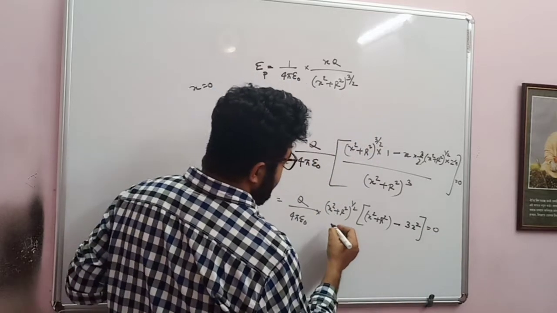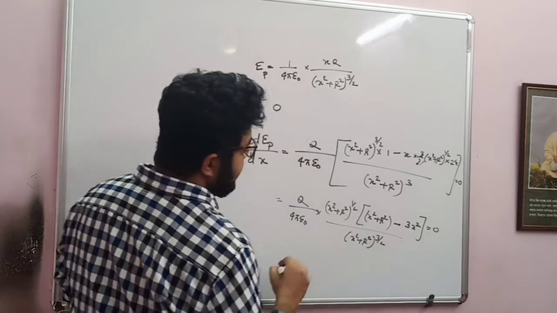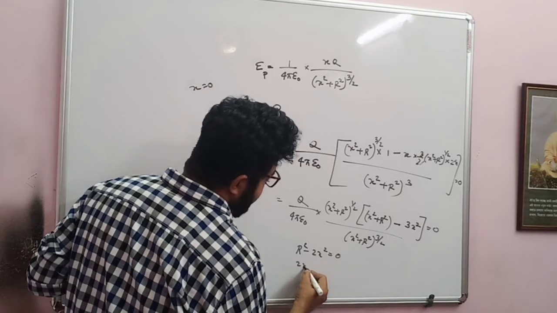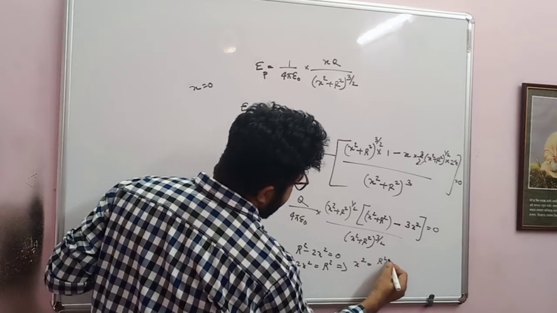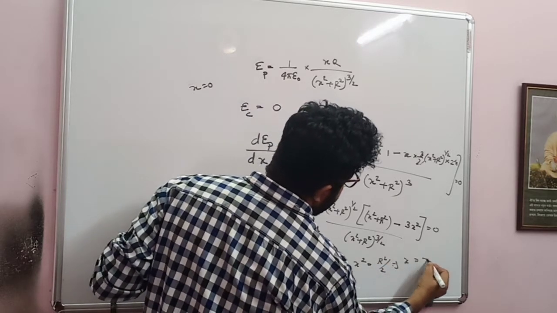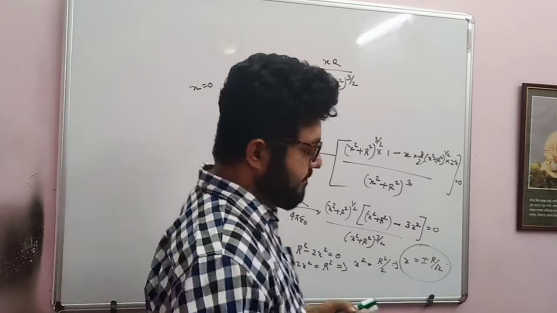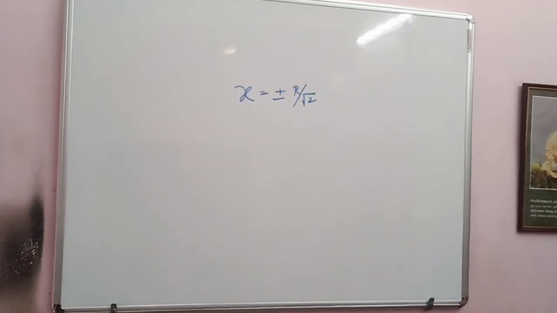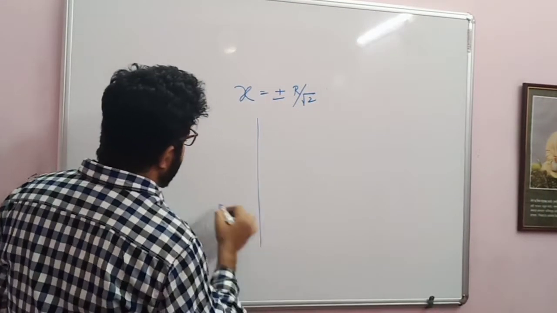So x square plus r square 3/2, यहाँ से मेरे पास r square minus 2x square equals to 0 आएगा, 2x square equals to r square, which means x square is r square by 2, which means x is plus minus r by root 2 आएगा. So मेरे पास x का वैल्यू आया प्लस माइनस r बाई रूट 2.